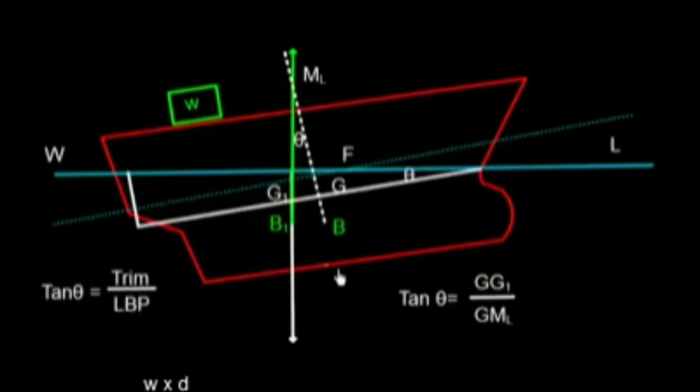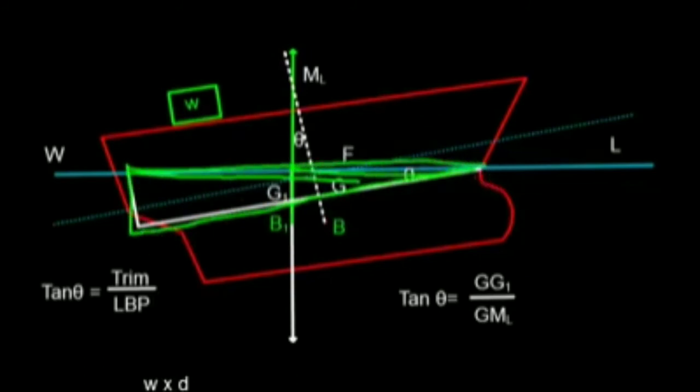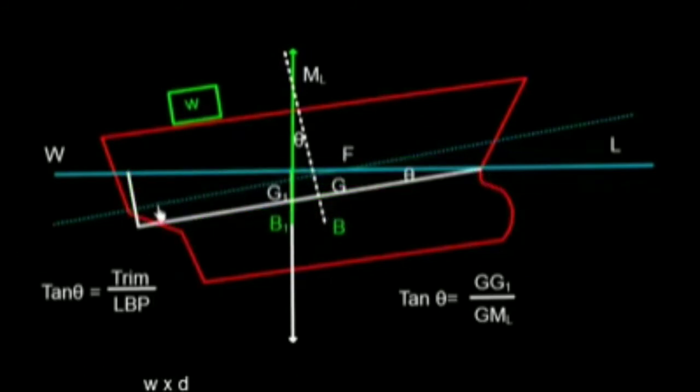Now we have one more interesting thing, and if we consider this triangle, let me highlight this. This will be much better. I'll use this green color. If we have this triangle here, this one, this triangle. So in this triangle we have this relationship that tan theta is equal to trim by LBP.